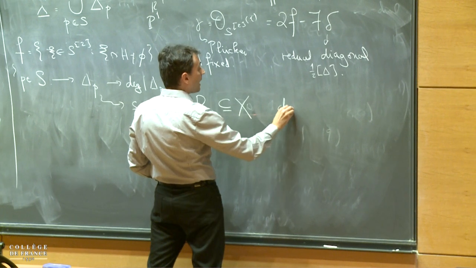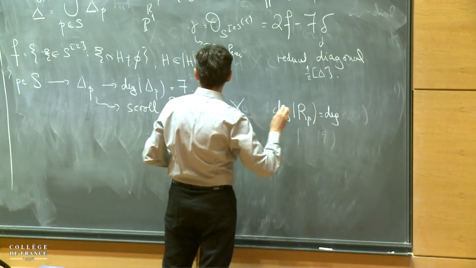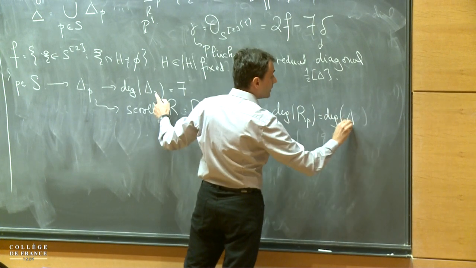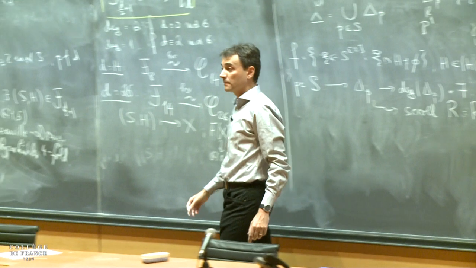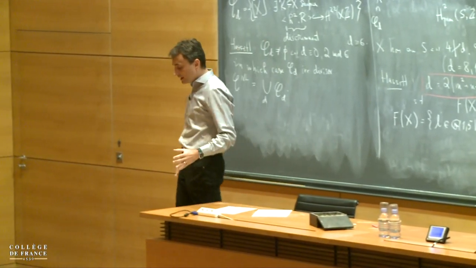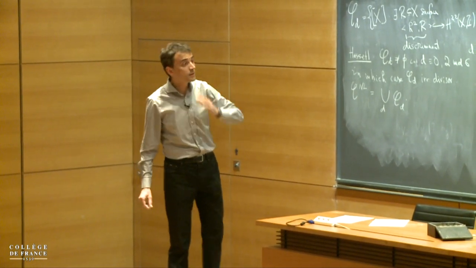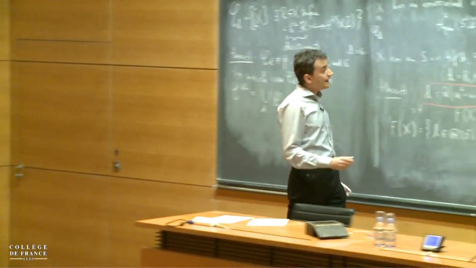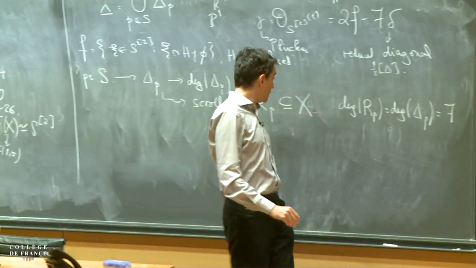So the degree of R is, of course, the degree of the associated rational curve, and as we established, this is equal to 7. So to each point of the K3 surface, you associate a scroll contained in the special cubic fourfold.